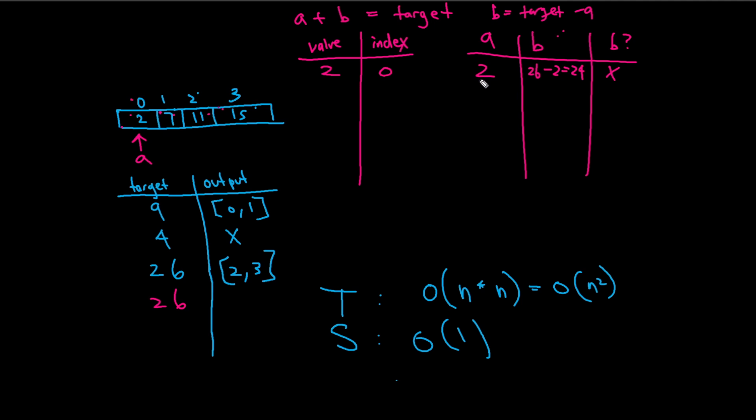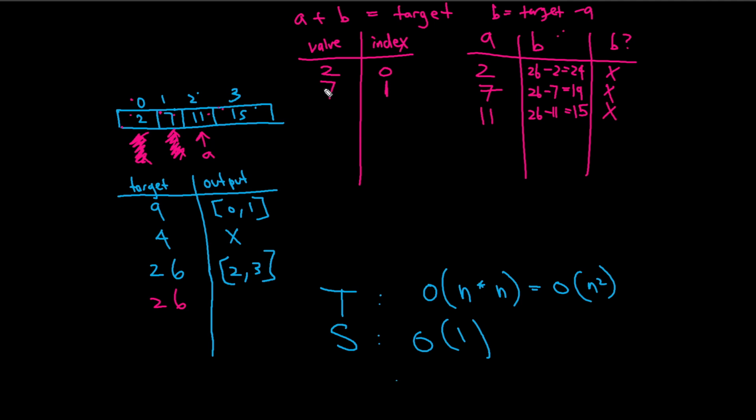so we need to add 2, which is at index 0, to our map. And next we say A is equal to 7. So B would equal 26 minus 7, which is 19. Does 19 exist in our map? No, it does not. So we add 7 to our map. And we say, if A is equal to 11, does B, which is equal to 26 minus 11, which is 15, exist in our map?